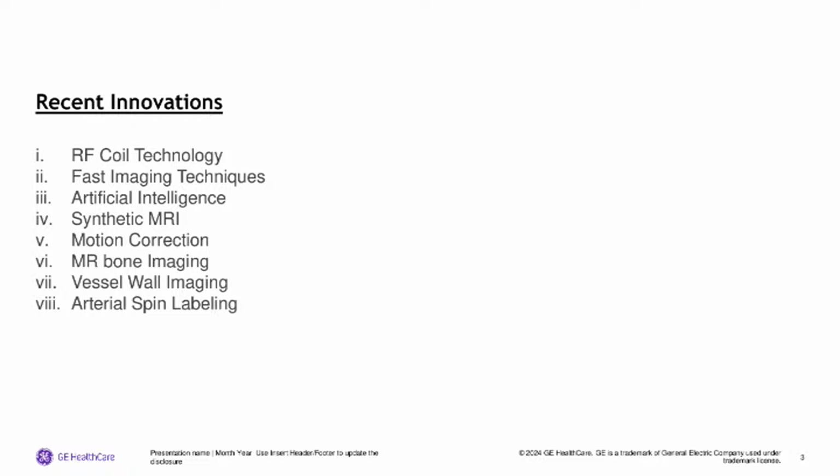And then number 7 is on vessel wall imaging, which was mainly done in a cath lab or CT angiographies. Right now, we have techniques with which you can assess the vessel wall. And then number 8 is on arterial spin labeling, which is a non-contrast imaging technique to assess blood flow to the brain.